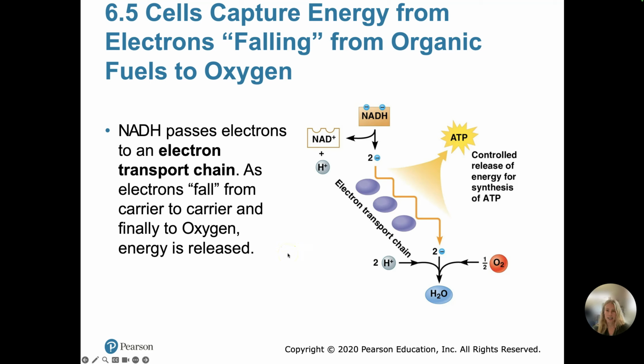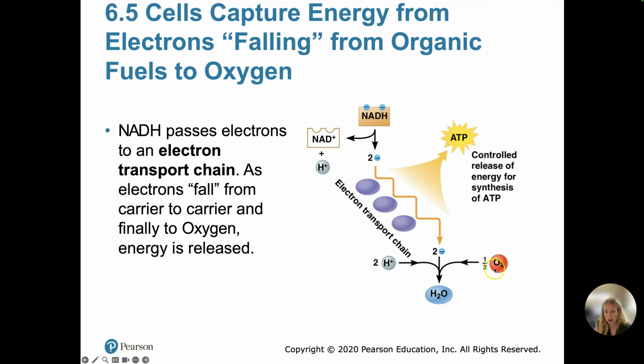Energy is released as this occurs, and it's a very controlled release of energy for the synthesis of ATP. At each step, energy will be released. So the electrons are released here. They then fall down this energy staircase to the final electron acceptor, which is oxygen. Oxygen is the final electron acceptor because it's highly electronegative, so it's pulling those electrons down that electron transport chain.